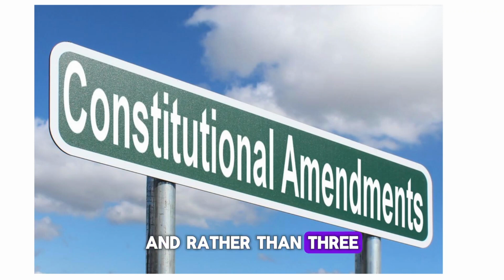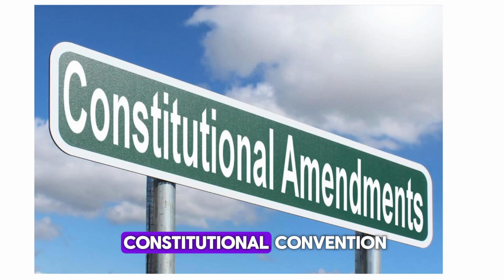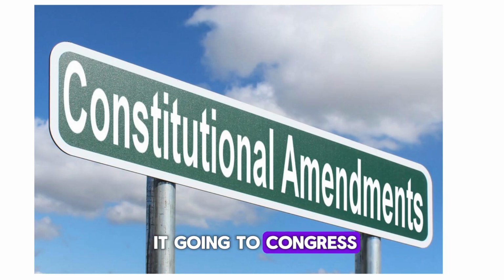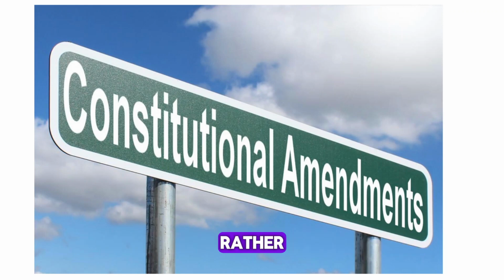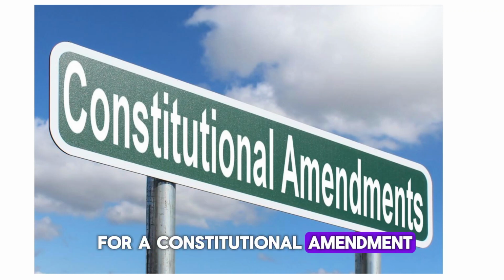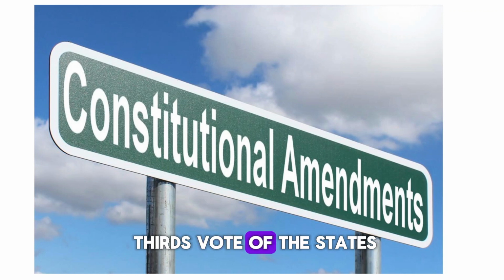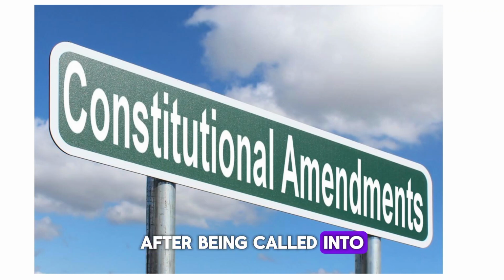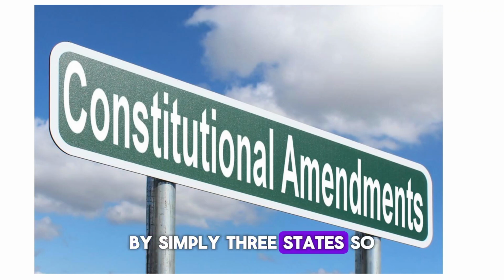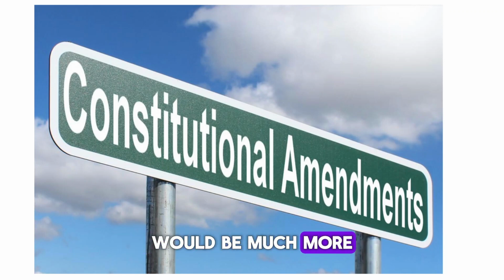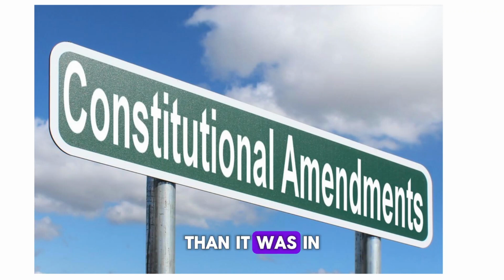Rather than 3/4 of the states approving an amendment that had gone through Congress with a 2/3 vote, all that was needed for an amendment to be added to the Confederacy was a simple 2/3 vote of the states after being called into a convention by just 3 states. So the process of approving a constitutional amendment would be much easier in the Confederacy than it was in the United States.